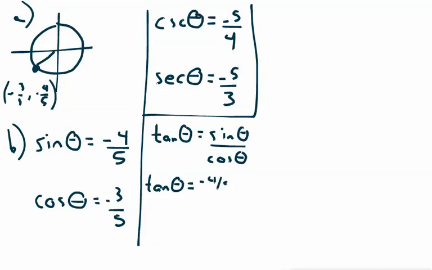Sine is -4/5. Cosine is -3/5. And again, these should be exact values. They should be fractions, not decimals. So we have to deal with these as fractions.